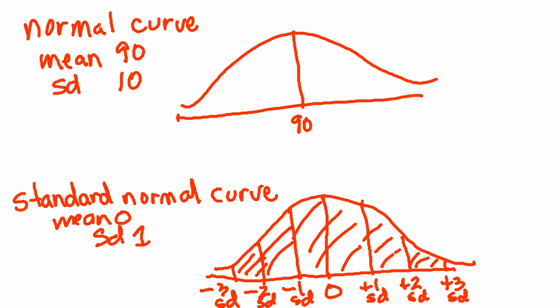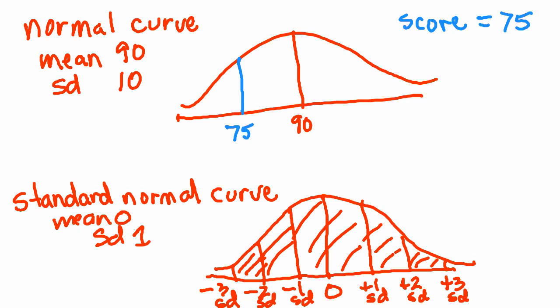What we want to do is come back up here, and find some probabilities. What if our score is, say, 75? Where is that in comparison to the standard normal curve? Well, we could say 75 is about right here, but let's check it out.